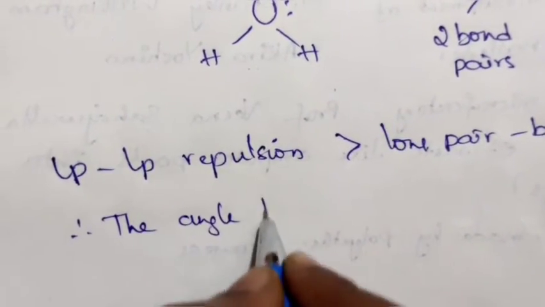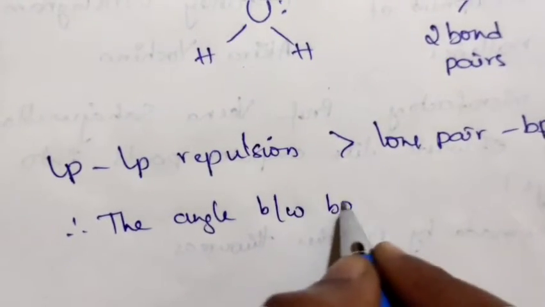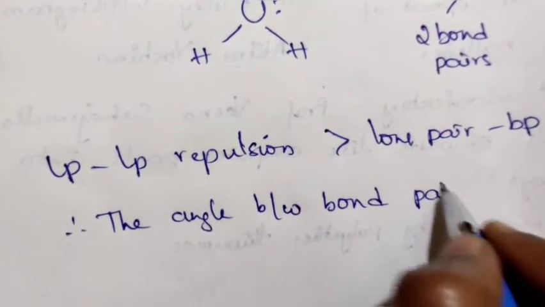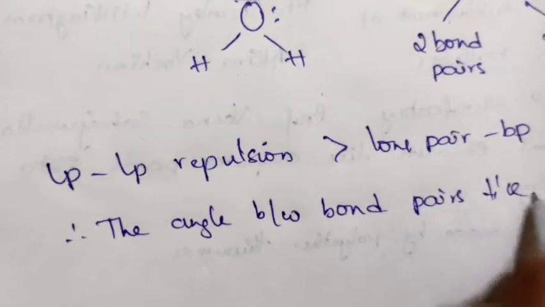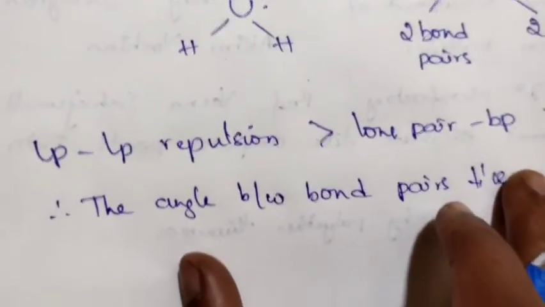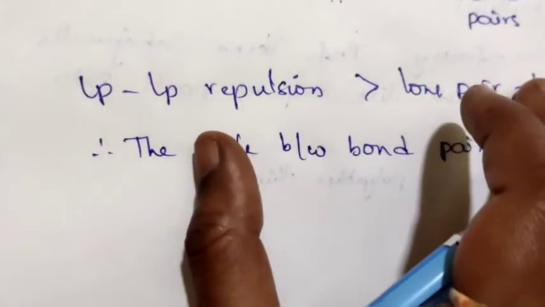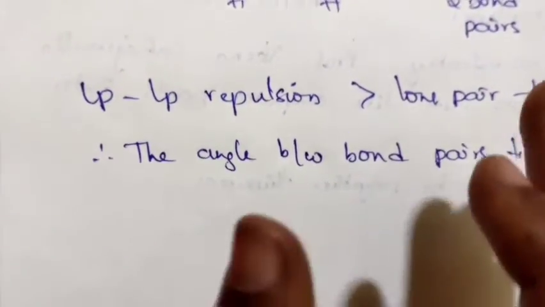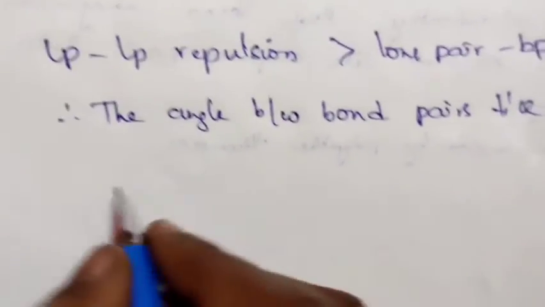The shape of the water molecule is V shape or bent shape or angular shape.